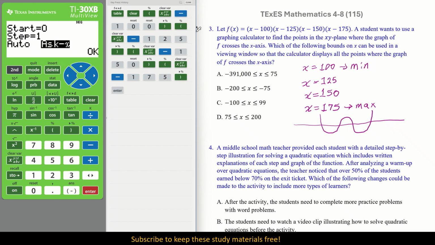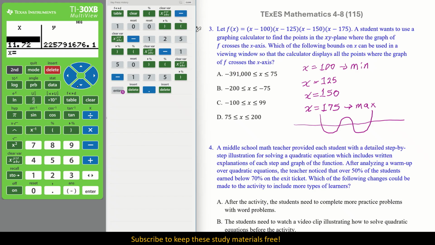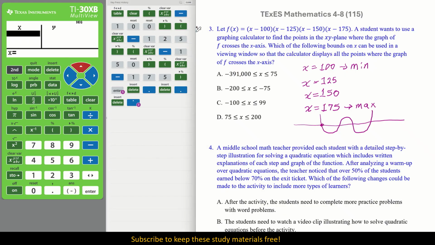Now you may be thinking, what good would this do us? Well, it doesn't do us a whole lot as far as the visual, but it does do this for us. Let's look at our ABCD options. I'm going to go ahead and delete these out. One thing that we can see here is each of our x values. I know that here I'm going to have x is 100, and then on the other end, I would have 175.